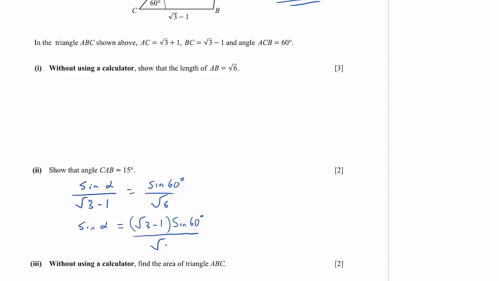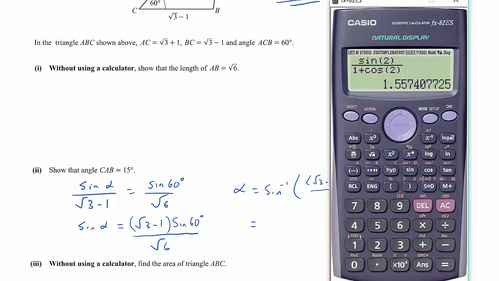divided by root 6, and it doesn't say not to use the calculator for this one, so we're just going to put inverse sine of root 3 take away 1 sine 60 over root 6, and we're just going to calculate that.